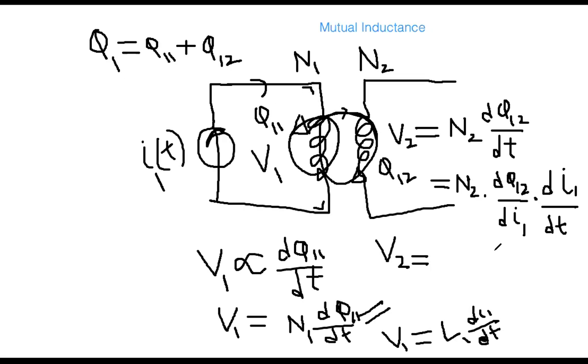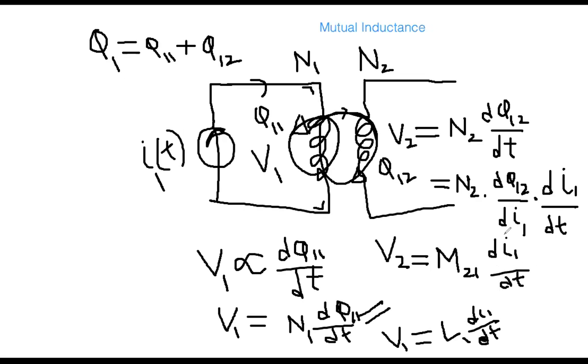That was the L1. But here you see N2 d phi 2 by di1. So that is called the mutual inductance. I will give the name M21. M21, and then this one di1 by dt. So V2 is M21 di1 by dt.